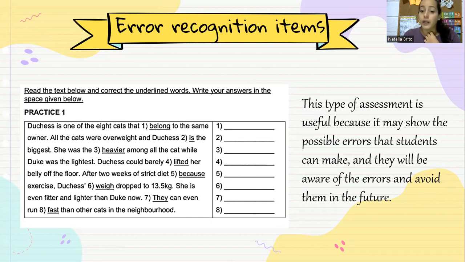So they will be aware of the errors and avoid them in the future. Okay? They will notice the context, they will notice what word to use and what word not to use, and also they will know why.